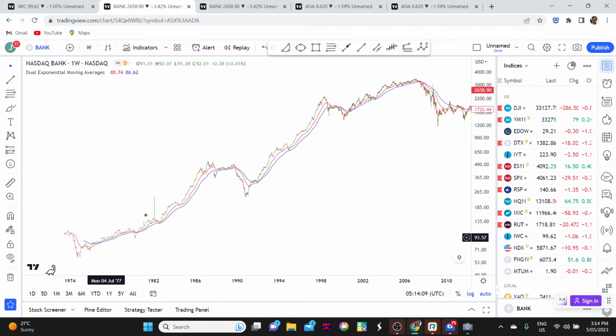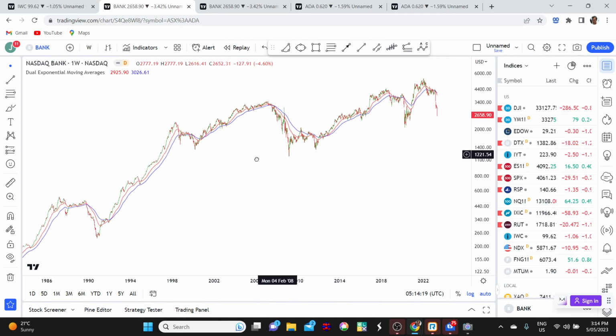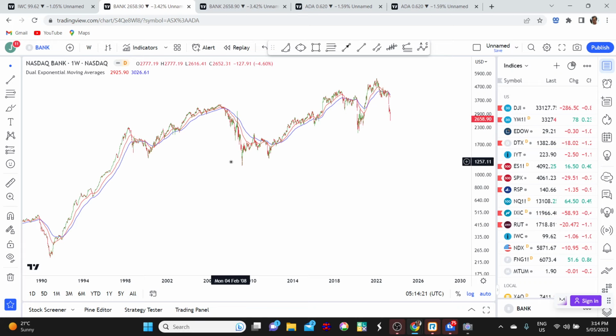That's around a 50% decline. We've got another big decline in the late 80s of around that 50-55% mark. Here's the GFC, down 66%, I think it was. Another 50 odd percent in the late 2010s, and now we have this one, which is around 52%.